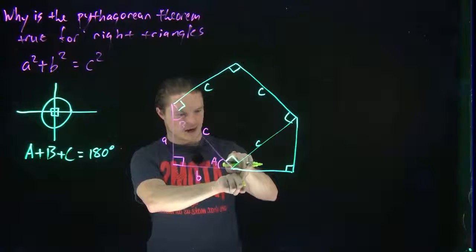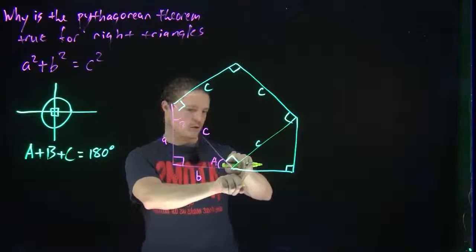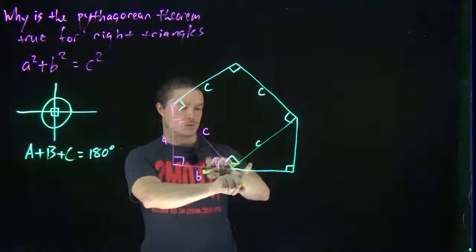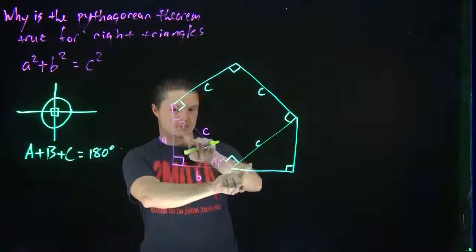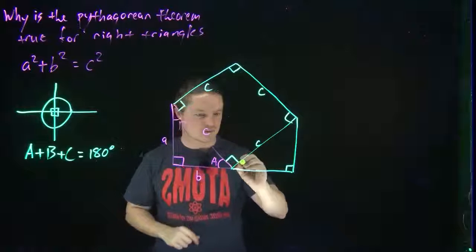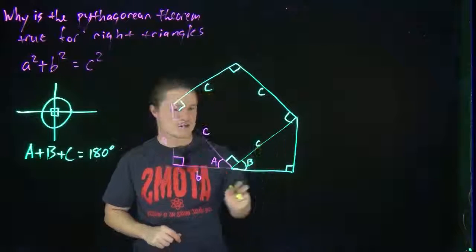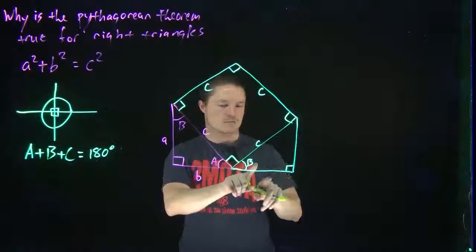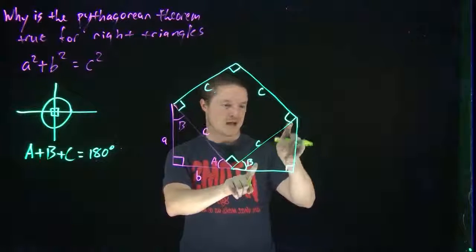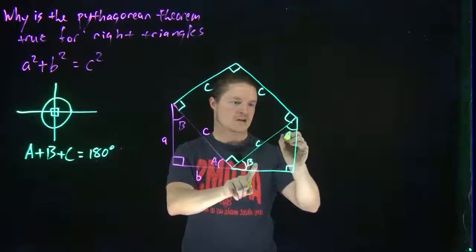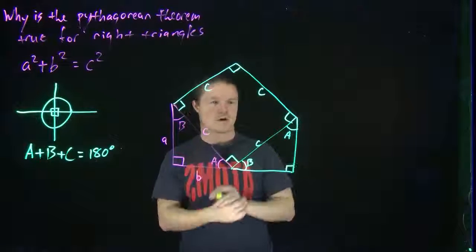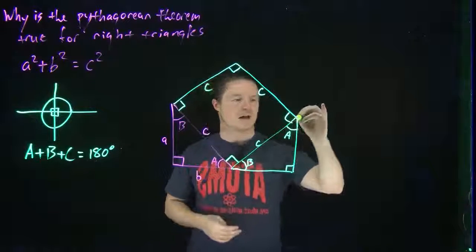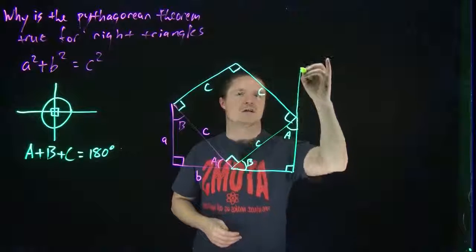What does this angle have to be for it to add up to 180 degrees? Well, this one back here was A plus 90 plus B, which was 180. So therefore, this one also has to be angle B. And by similar logic, B plus 90 plus A has to add up to a right triangle. Okay, let's continue that logic.